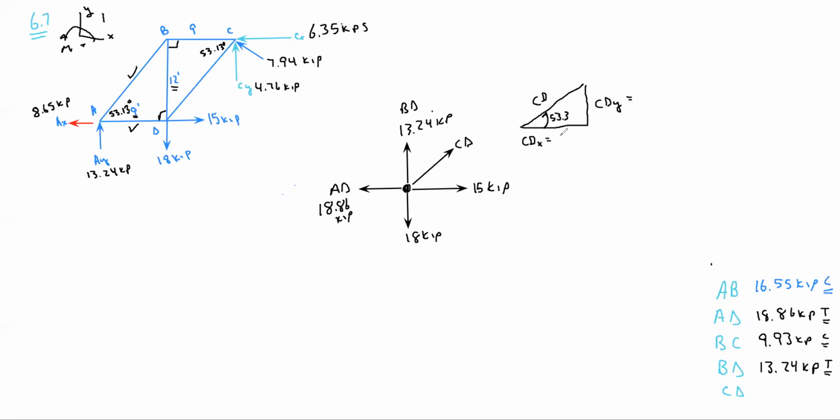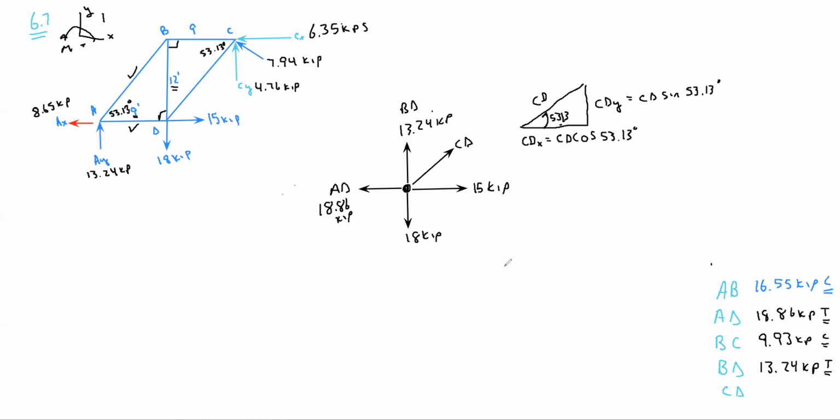So CDX is going to be CD cosine 53.13. CDY is CD sine 53.13.